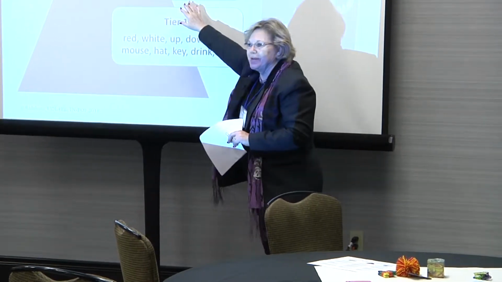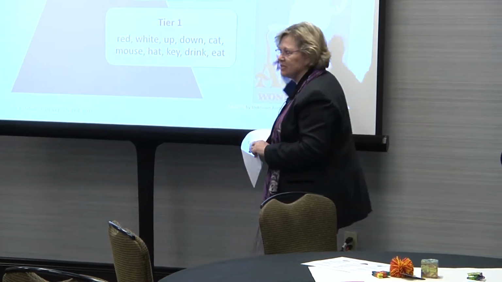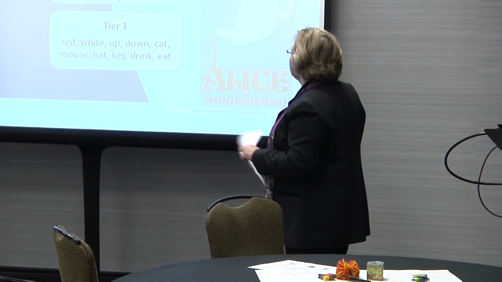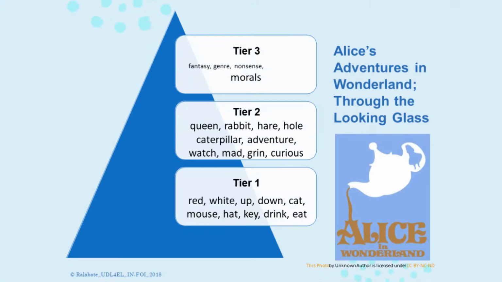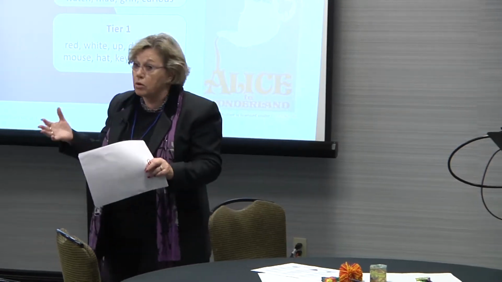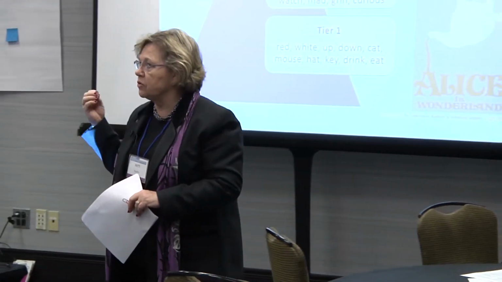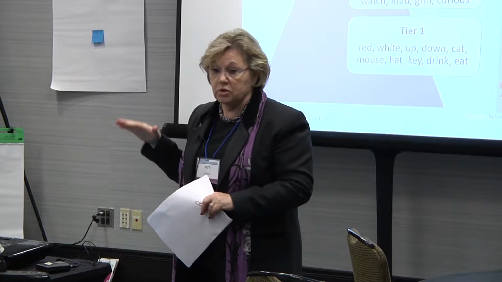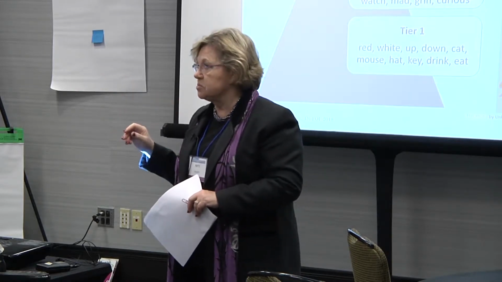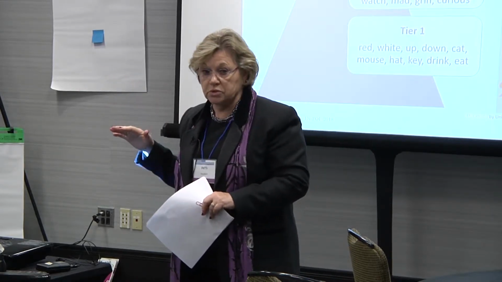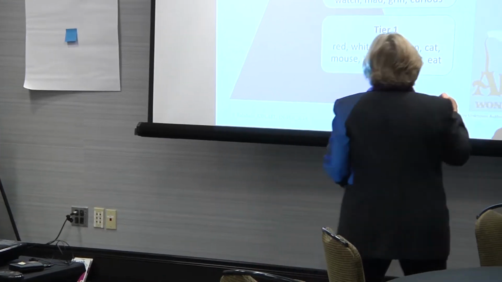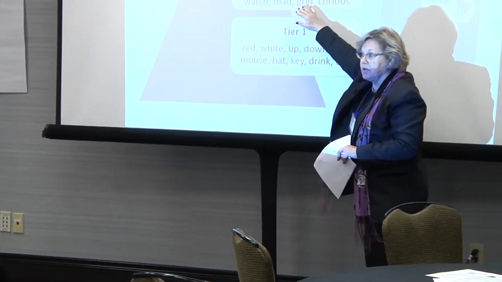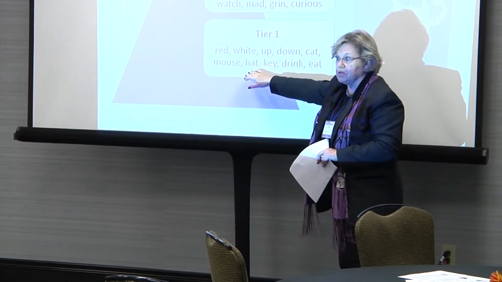The difference between grins and smiles, you can actually get to similarities there, antonyms and synonyms. And then the Tier 3 words, which are really the whole purpose of the lesson, where we're looking at fantasy, nonsense, the morals of the story. Those are Tier 3 words that all the kids are going to be learning. So I'm going to put some scaffolds in place for all those words. But for those kids who need it, those English language learners, I'm going to have scaffolds in place for some of these words too.